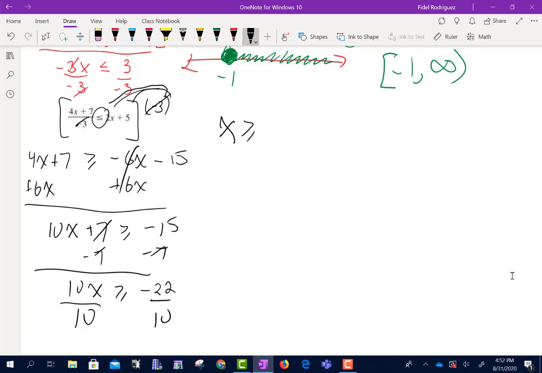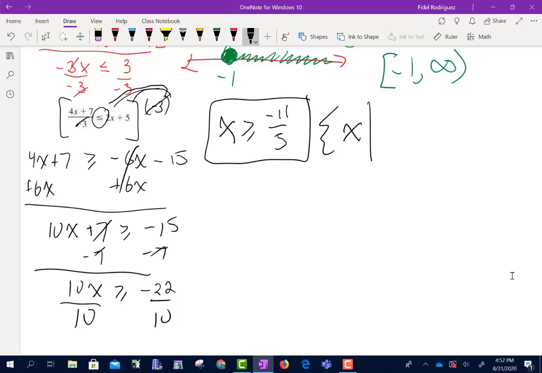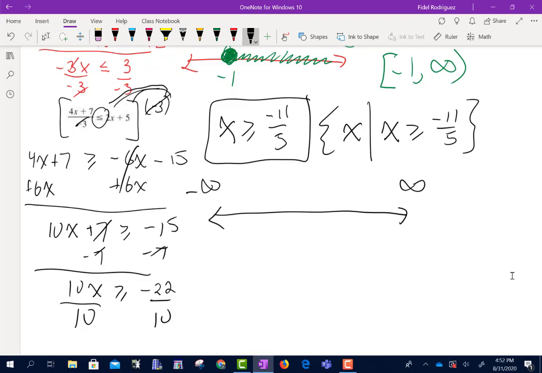I'll divide both sides by 10. Now I'm dividing by a positive 10, so I'm not flipping my inequality sign anymore. Negative 22 over 10, I can actually reduce them by 2. And that'll give me a negative 11 over a 5. Okay. So what does my solution set look like? It looks like this. X, so that x is bigger than or equal to negative 11 over 5.